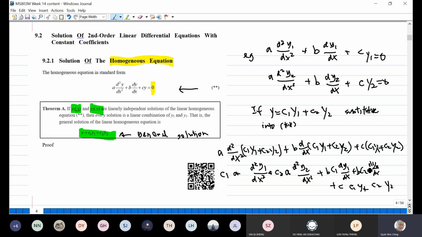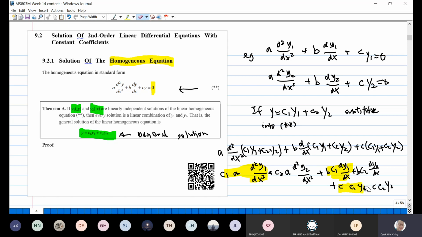I multiply everything by c, and together they give you 0. So what you can do is organize the terms. I want to put all the y1 together. When you put them all together, all the y1 are grouped.